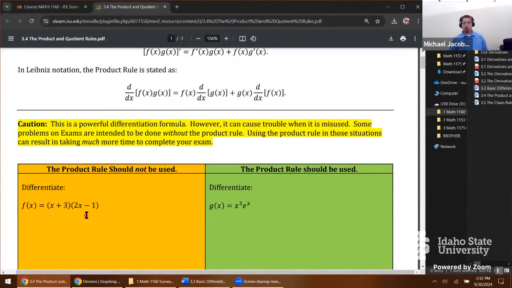But this is an example where we should never, ever use the product rule. It's honestly just a waste of time. It's simpler to work with the function algebraically and differentiate. And we'll come back to this one. That's a case where you really do need a product rule. There's no way to FOIL that out and expand, putting a plus or minus between the two functions x cubed and e to the x.